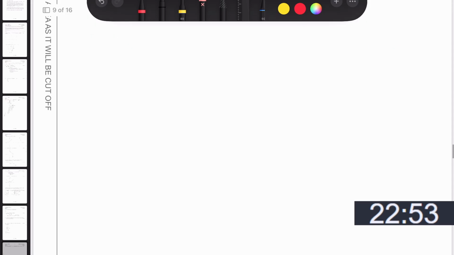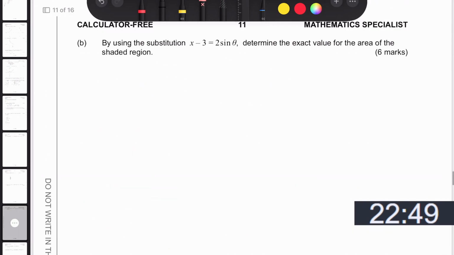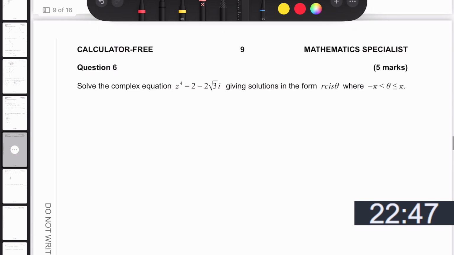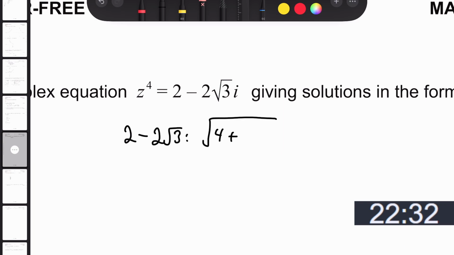This is getting stressful. Okay, page 9, and there was 12, right? What is that? That looks disgusting. Okay, solve the equation. So let's say that 2 minus 2 square root of 3... so let's say square root of 4, and it's plus 4 times 3, which is 12, it's going to equal 4.